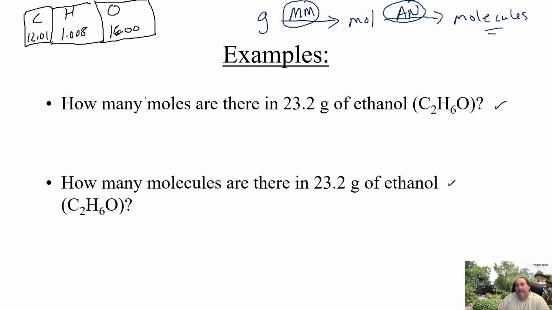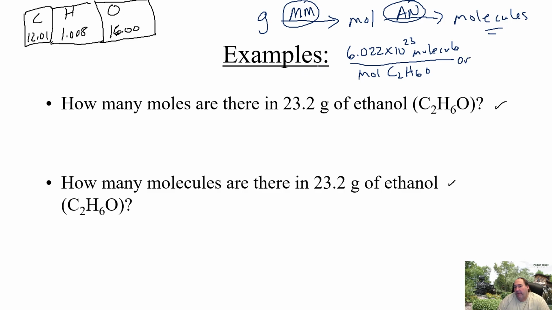So we do need to get a few pieces of information here. Clearly, we know that there are 6.022 times 10 to the 23. Here we're going to use molecules, as ethanol is a molecule. And a mole of ethanol, C2H6O.